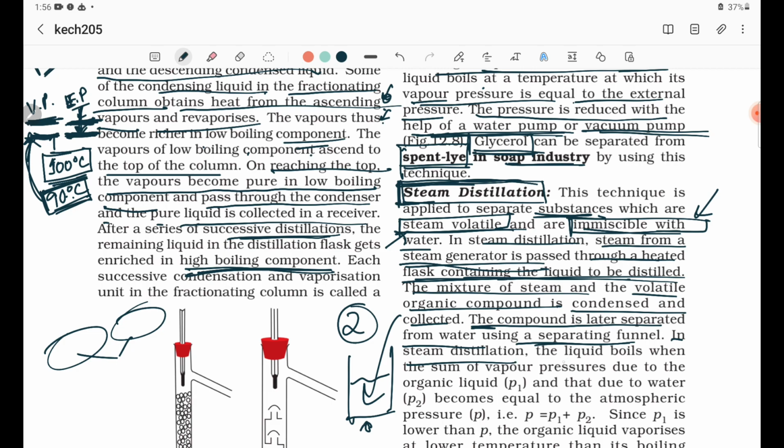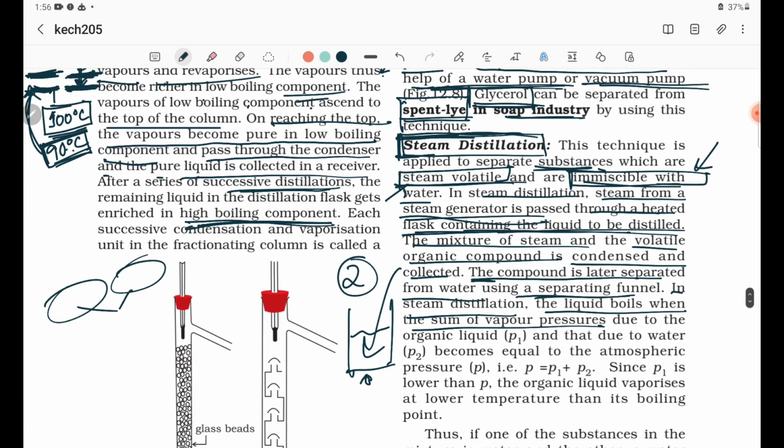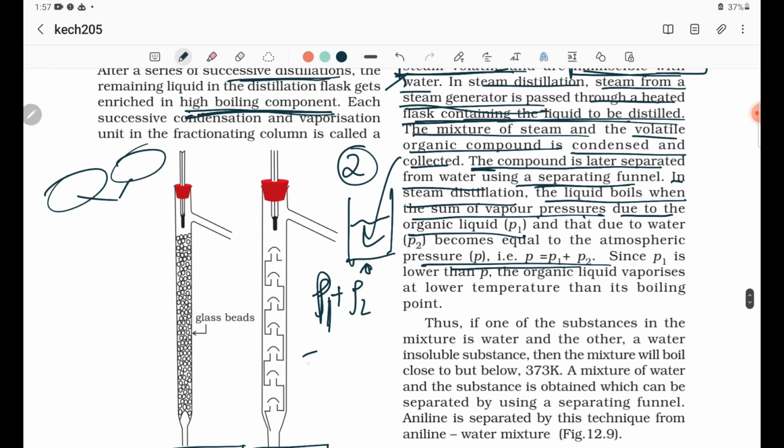In steam distillation, the liquid boils when the sum of vapor pressures is equal to the atmospheric pressure. So this is a very important thing. The liquid will boil when the sum of the vapor pressure due to the organic liquid, P1, and the vapor pressure due to water, P2, becomes equal to the atmospheric pressure. That means P1 is the vapor pressure due to the organic liquid, and P2 is the vapor pressure of the water.